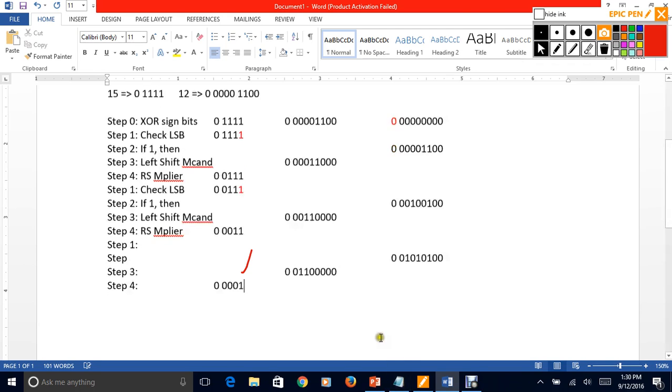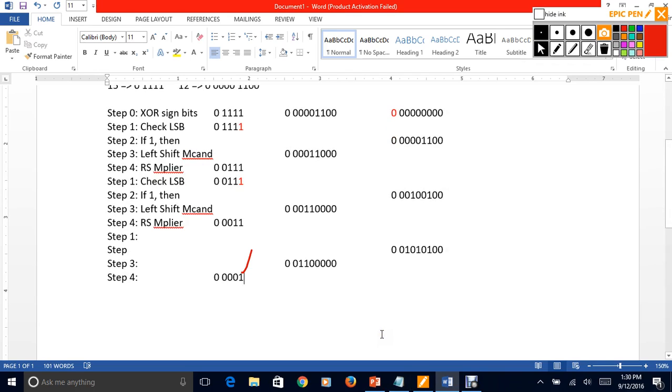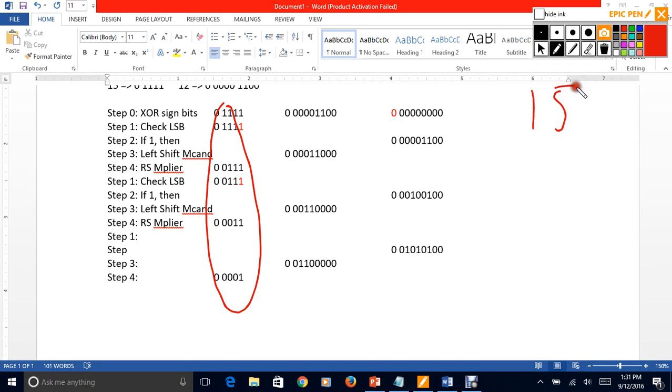One more iteration. How do you know, in general, how many iterations? We know from this example, but how do you know in general? It's going to be the width of your multiplier. So with 15 times 12, you knew inherently you have to do it twice, right? So you do 0, 30, 0, 150, right?